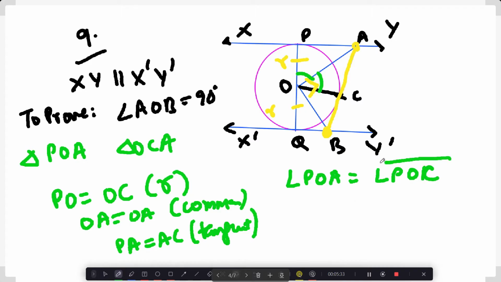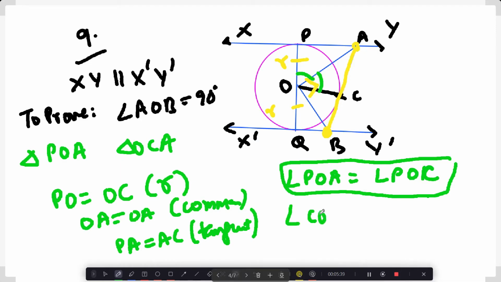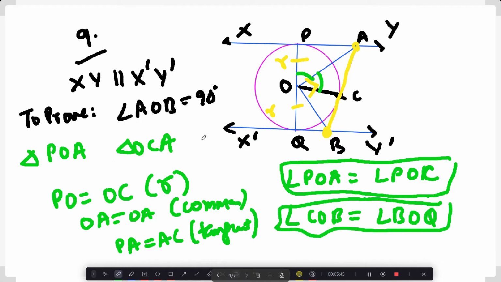That is one part. By a similar method, we can take these two triangles and we get that angle COB is equal to angle BOQ. This is congruent by SSS, which is what we proved. Similarly, we can prove these two triangles are also congruent. Now let's look at this. The sum of all four angles is 180.